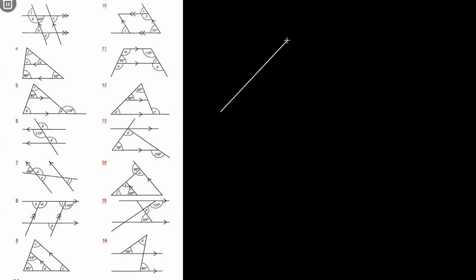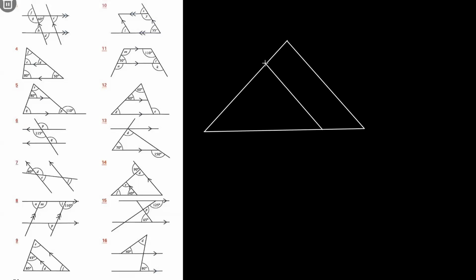They had one line like this, another line like this. Are you seeing where the next parallel line is? So you have a parallel line here, and you have a parallel line here.